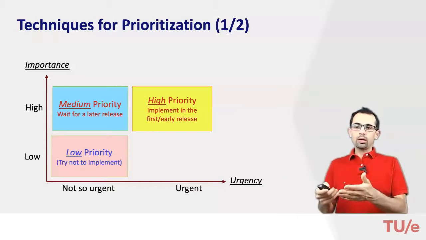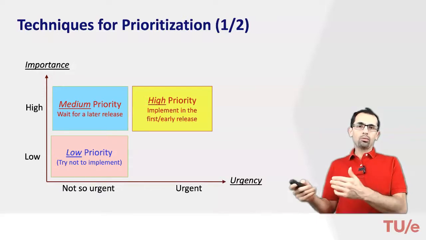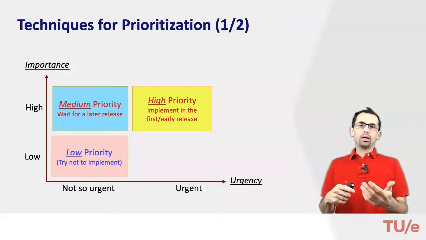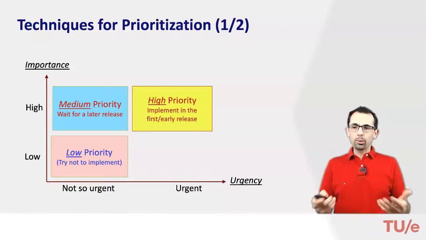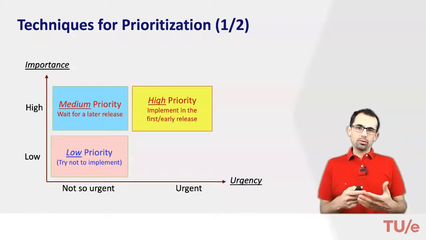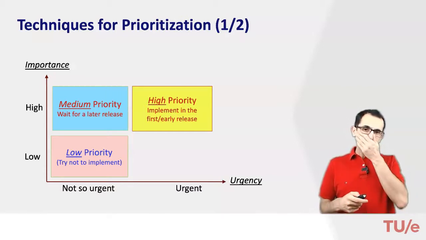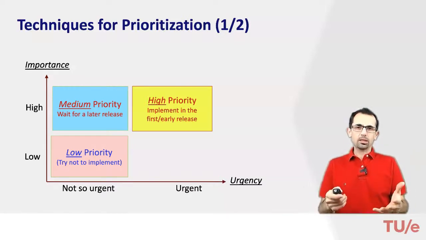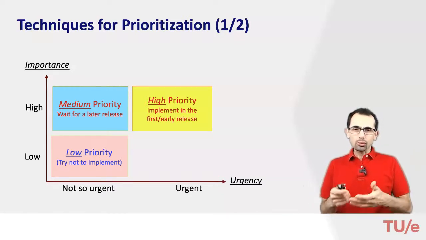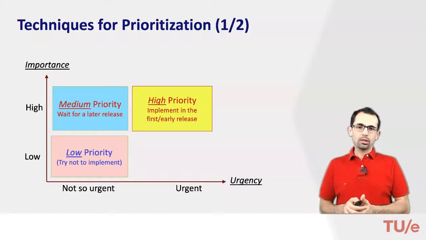That's an obvious one. The one that is not very important and not very urgent, obviously, you should just avoid as much as possible. You shouldn't waste time on these requirements.